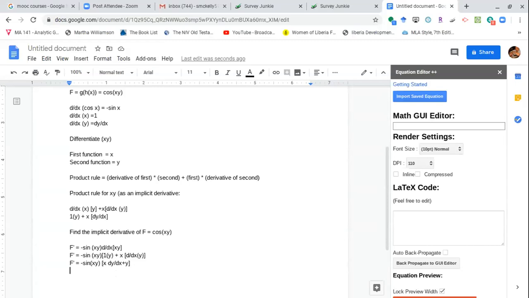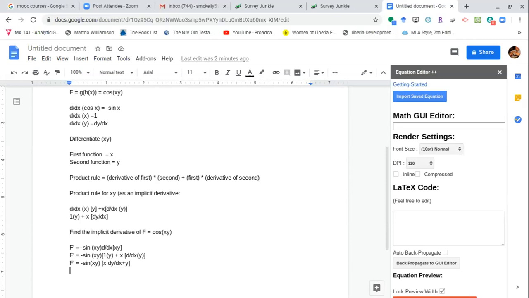So what are you going to end up with on the left? You're going to end up with negative sine of xy times 1 x dy dx. Well, x dy dx is not 1. Oh, okay. Negative sine of xy times x dy dx minus y sine of xy.